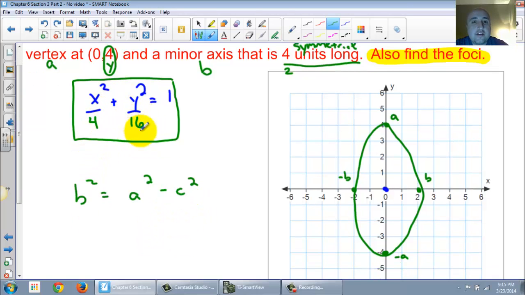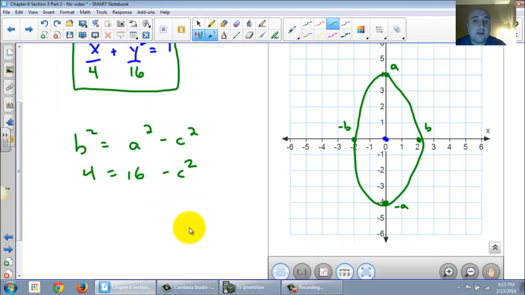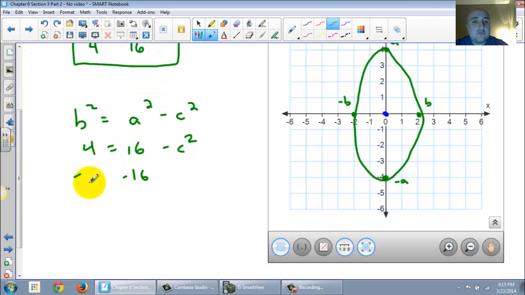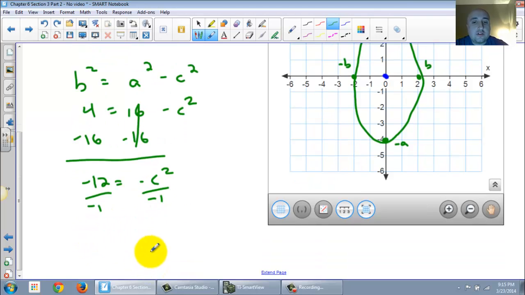We know our a is the square root of 16, so 4, and 4 squared is 16. Our b squared is 4, so 4 equals 16 minus c squared. I'm going to subtract 16 from both sides. 4 take away 16 is negative 12, equals negative c squared, divided by negative 1. C squared equals 12. Square root both sides.